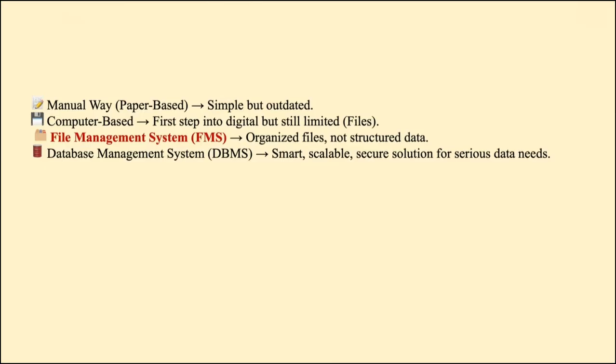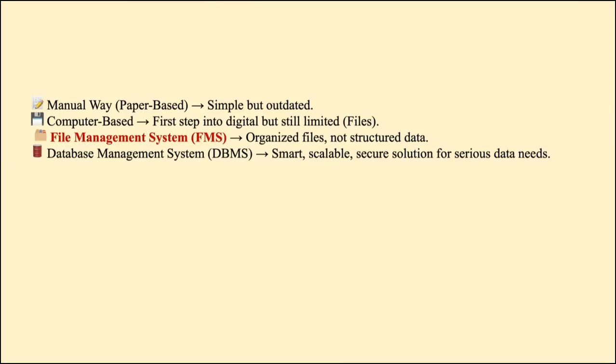Why are we moving to the database management system after the file management system? Because the system is still not as expected in many ways. There is no intelligence, there is a lack of relational integrity, a lack of control, and there is no proper transaction management and concurrency control in the file management system.